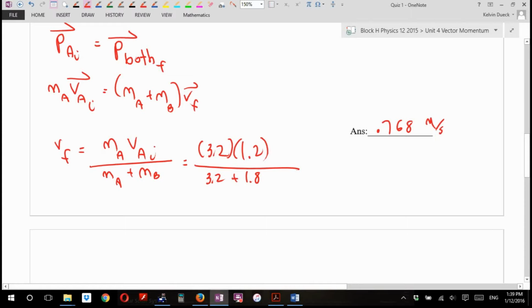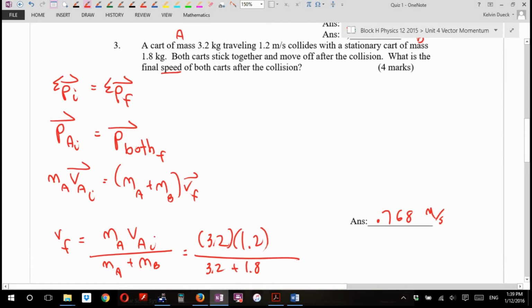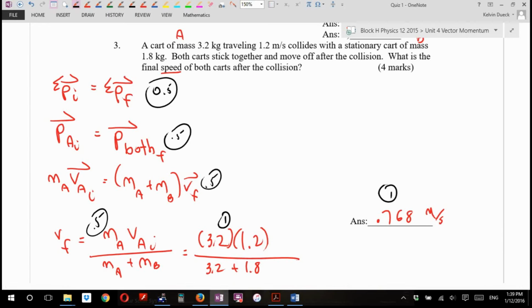Positive in the same direction that they were traveling. If you got that, you would get 4 out of 4. Otherwise, I would probably go half mark, half mark, half mark, half mark, 1 mark, 1 mark. And then I would turn the page.